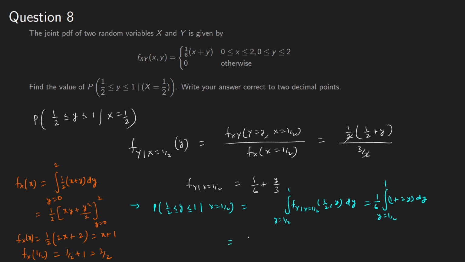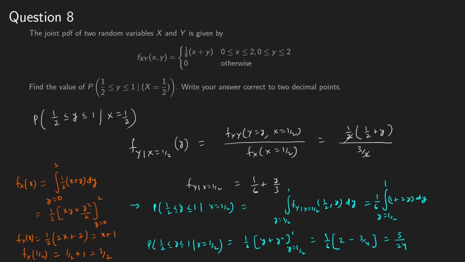So which will finally be 1 by 6, and y plus 2y squared by 2, that will just be y squared between y equals half to 1. 1 by 6, then 1 plus 1, it will be 2, minus half plus 1 by 4. So it will be 3 by 4. So 8 minus 3, 5 by 4. So 5 by 24. So this is the probability that y will take values between half and 1 given x has taken value half.